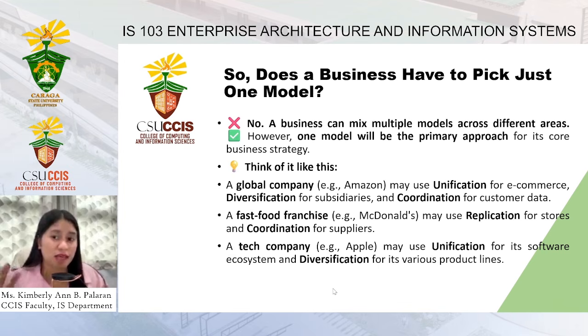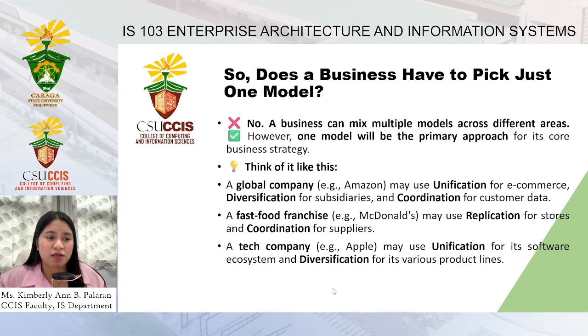So, three models are integrated. Another example, a fast food franchise like McDonald's uses replication for stores and coordination for suppliers. They share some of the data for their suppliers but not all. A tech company like Apple may use unification for its software ecosystem and diversification for its various products.